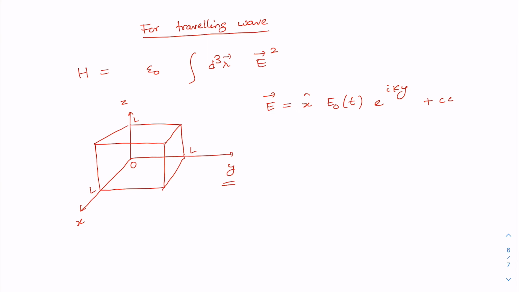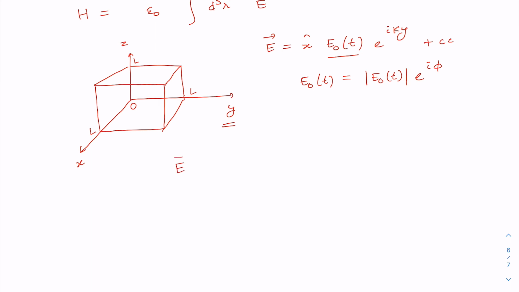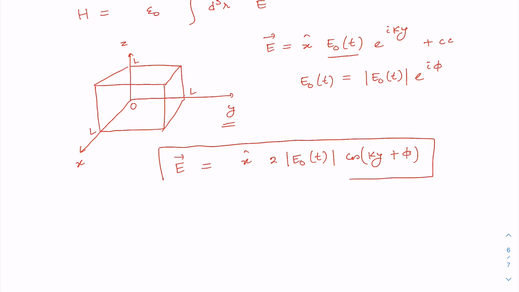E0(t) is a complex quantity, so I can write this complex amplitude as a modulus and its phase, e to the power i phi. So I can write the full expression as x-hat times 2|E0(t)| cos(ky + phi). Alright, so this is the electric field expression we have.